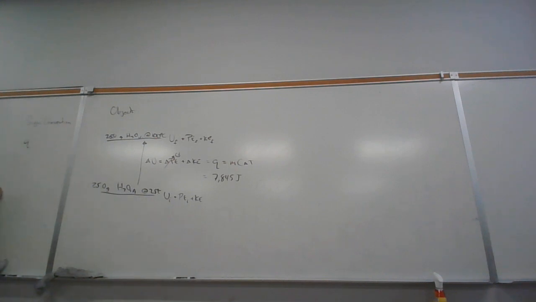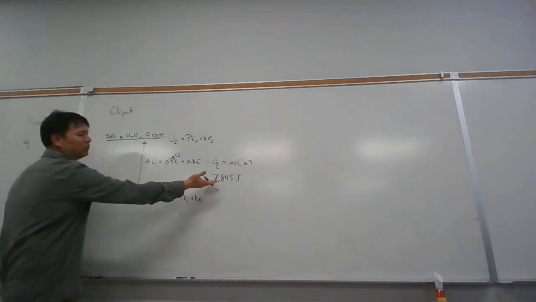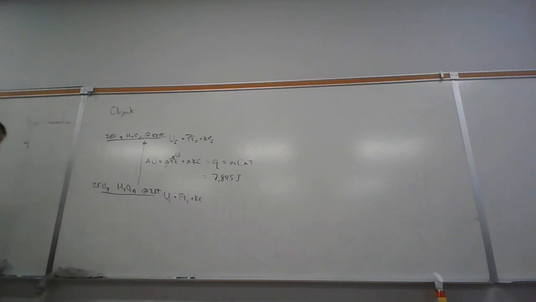If we have to remove heat, then we either say we have to remove 7,845 joules or minus 7,845 joules is required. And so if Q is greater than 0, we call that endothermic, and we have to add heat. If Q is less than 0, that's exothermic, and we have to remove heat there.